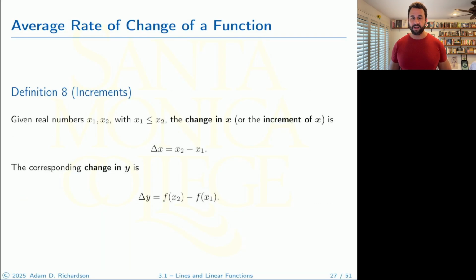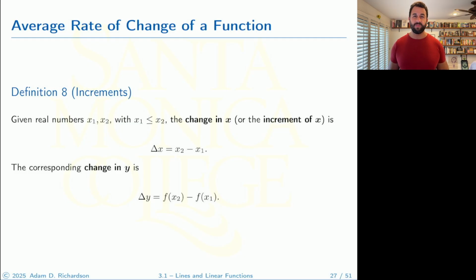So we need to talk about increments, which is a fancy way of saying the change in x and the change in y. Given real numbers x1 and x2, with x1 less than or equal to x2, just looking at the order of the two numbers, the change in x, or in other words, the increment of x, is delta x, and that's just x2 minus x1.